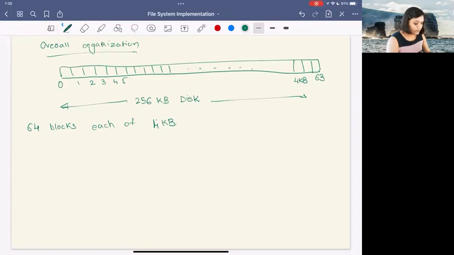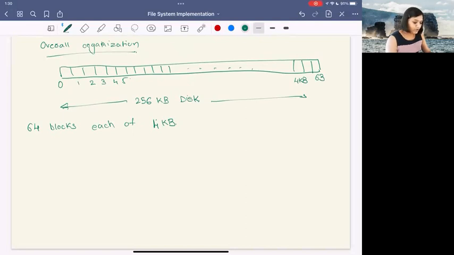So definitely we know that the core purpose of any storage device is to store the data that matters to the user, right? Whatever data that user wants to save for longer period of time, we have the concept of storage device to comfort that. So definitely we want to store the data that matters to the user in most of the blocks among these 64 blocks that we have in our storage device of 256 kilobytes.